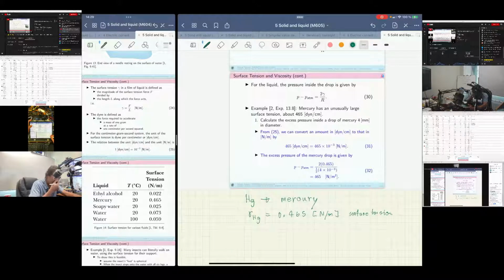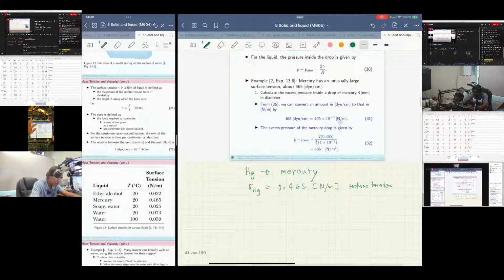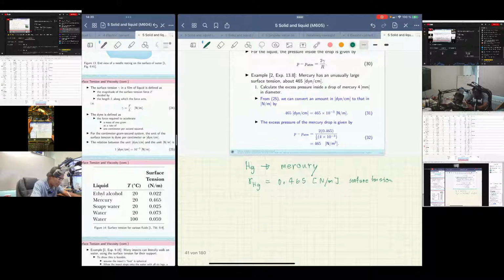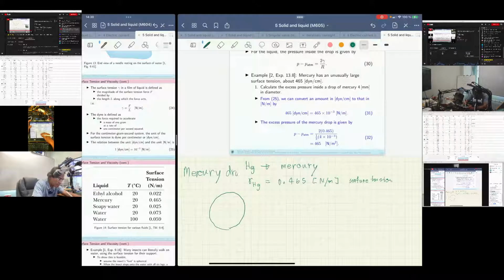The question is to calculate the excess pressure inside the drop, so we have to draw the drop. Assume that the mercury drop has the shape of a sphere.